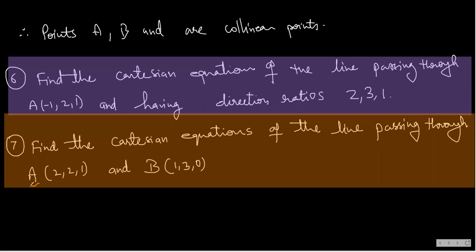We are given 2 points on the line and we need to find the Cartesian equations of the line. So first we find the DRs of the line. DRs of line AB will be x2 minus x1, y2 minus y1, z2 minus z1, and after that you take a point and use the DRs to write the equations in Cartesian form. So these two questions you can solve.